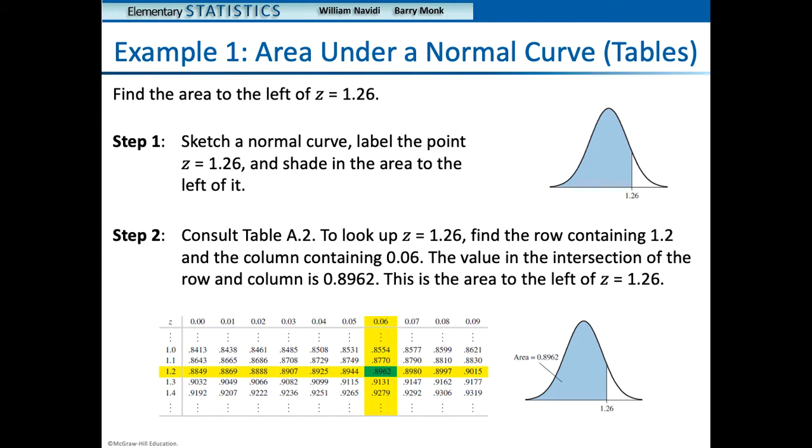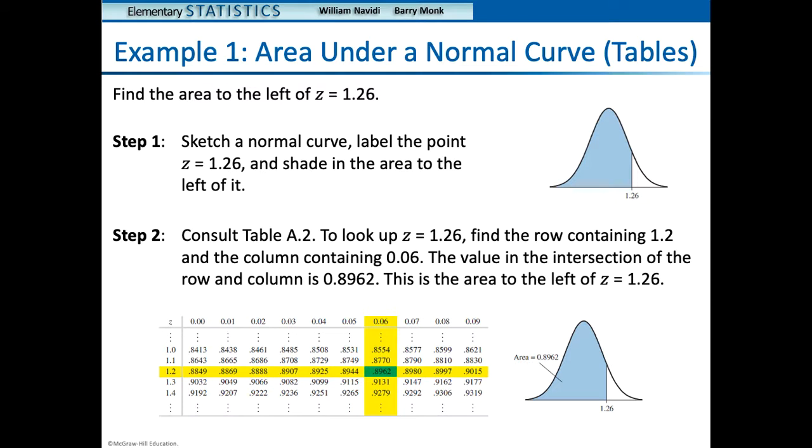Then consult your table. The column on the left gives your z-score out to the first decimal place. The z-score is 1.26, so find 1.2 in the left column, and that's the row you want. Then move across that row to the right until you find the number directly underneath the value 0.06, because 0.06 is the second decimal place.